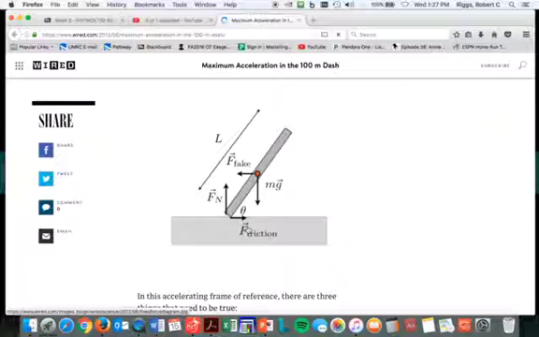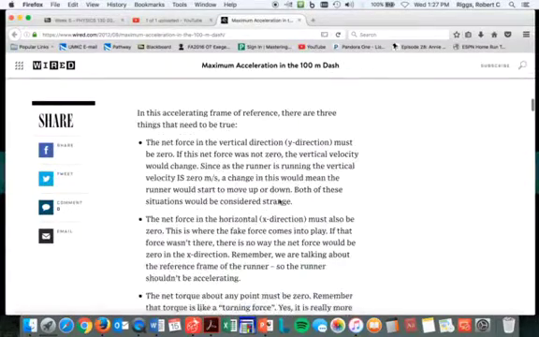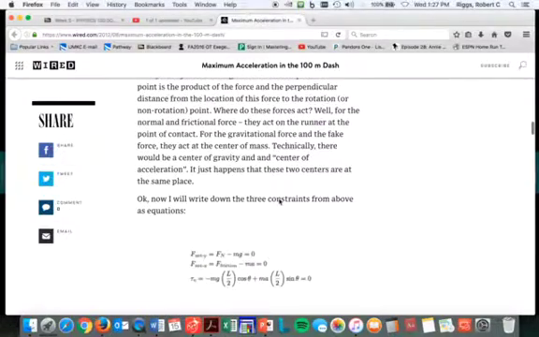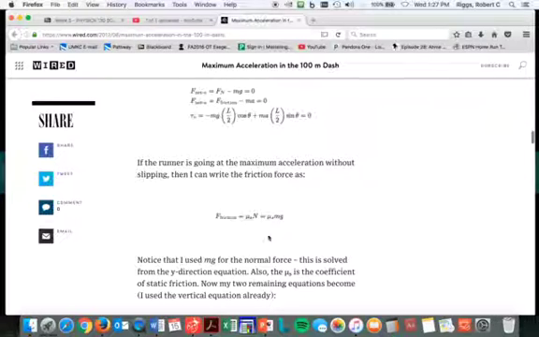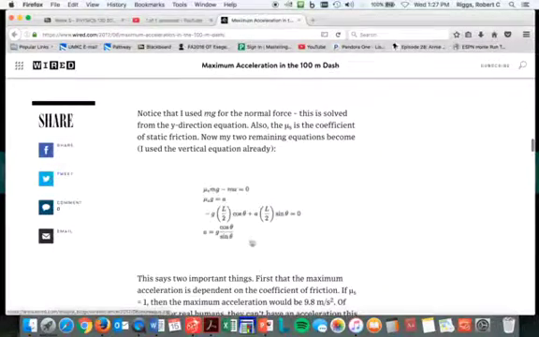Now here's the friction force. This is what the runner is pushing back with, and the frictional force is what's causing him to go forward. And then we've got mg going down, so we had to add that fake force just to make it all work out. The frictional force is mu s times mg, and we get the angle.